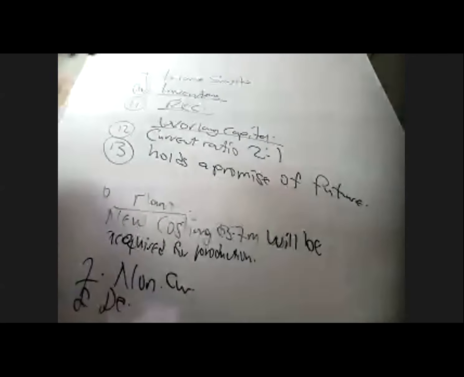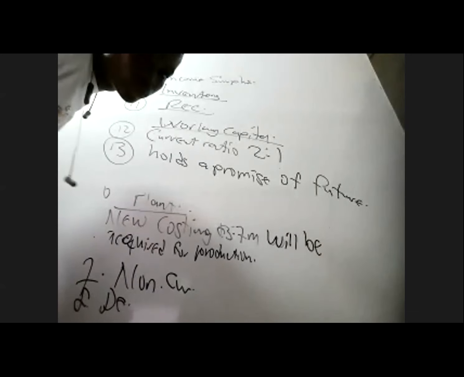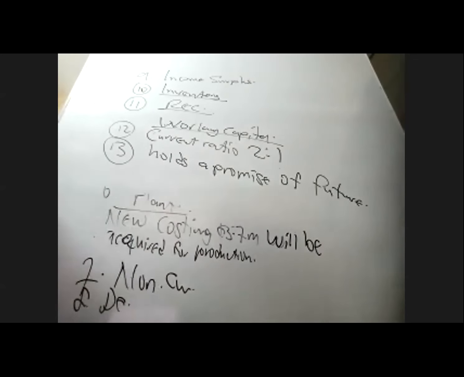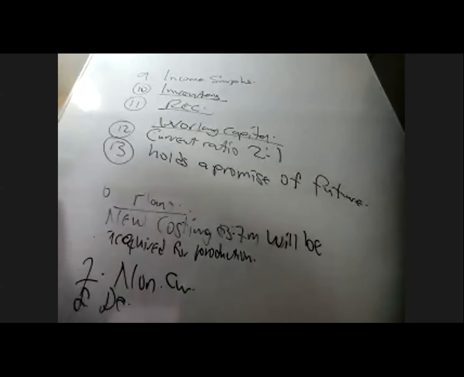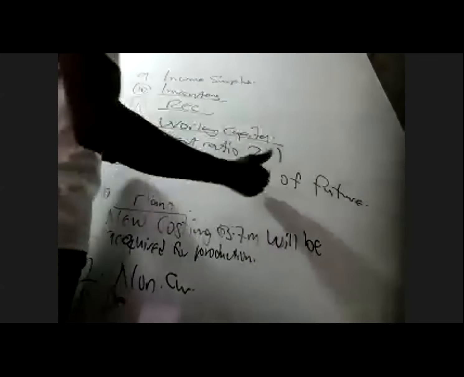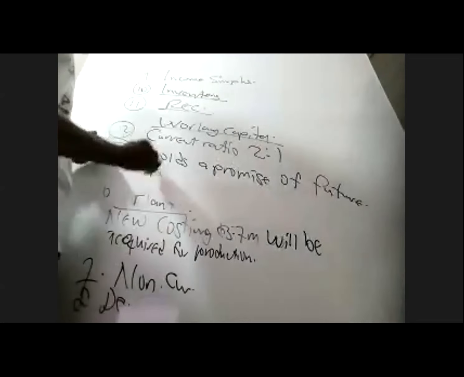A promise of future profit. This one is massive. It should be your last statement. So if you're writing 10, let your 10th statement be this. The scheme holds a promise of what? Future profits.